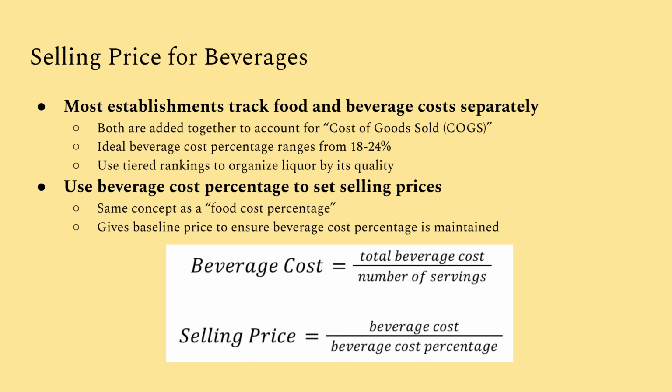Also, when you have spirits involved, you probably have a ranking of spirits, meaning you have your well, you have your premium, ultra premium, however you want to label it, but you have some choices for the customers to make. And when you have those choices, those alcohols are then not held to the same standards. They are priced differently, and you'll want to use a tiered system to organize that liquor by its quality.